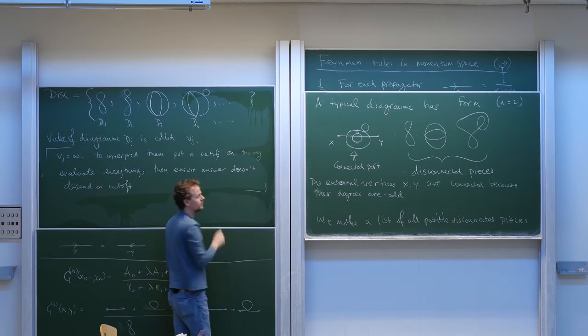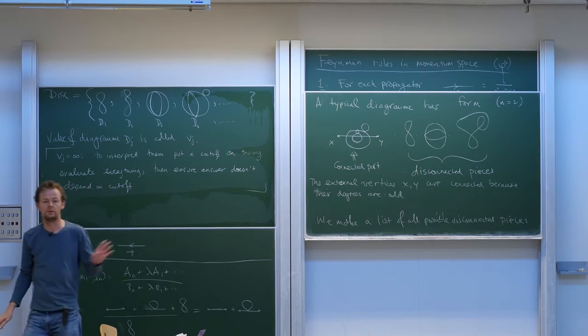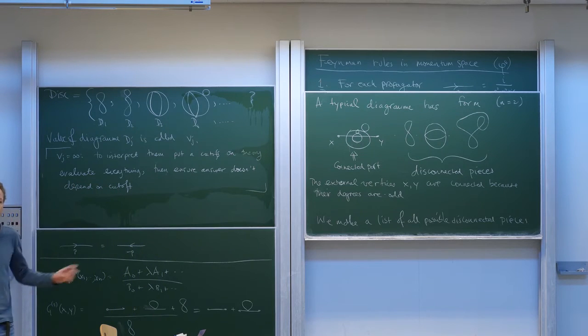Okay, this is the correct order of limits. I'm not going to say much about it now. For the moment, we're just going to assume that each of these Vj's is a number and not infinity. But this is the first sort of hint at the way we're going to have to interpret quantum field theory.